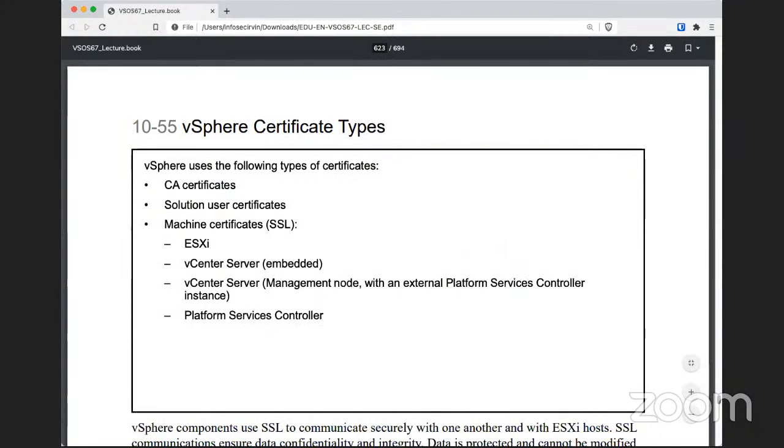Different types of certificates used are the CA certificate, the solution user certificate, and machine certificates for the individual hosts, the vCenter, and the platform services controller. In this way, at all levels of communication in vSphere, everything is secured.